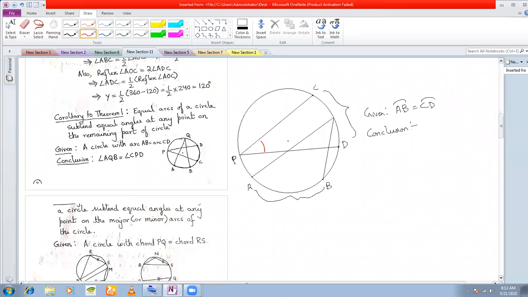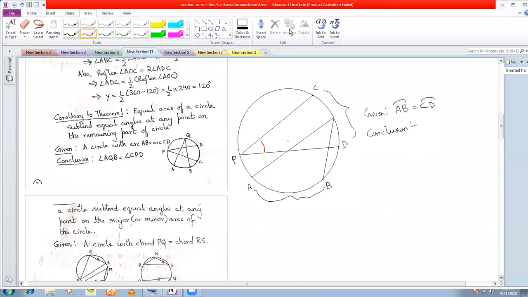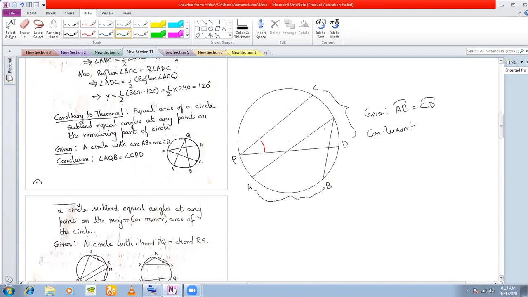And on the arc AB, we have drawn this angle, that is AQB.